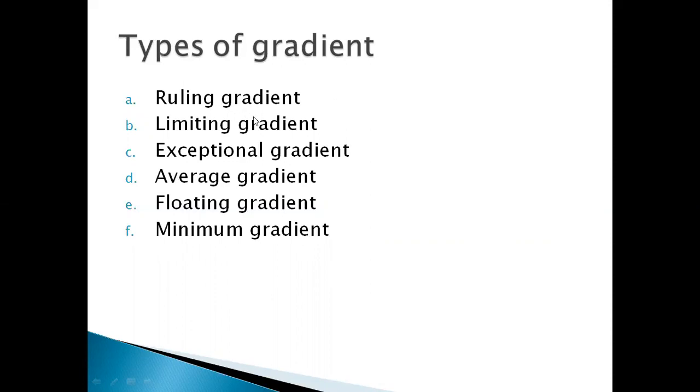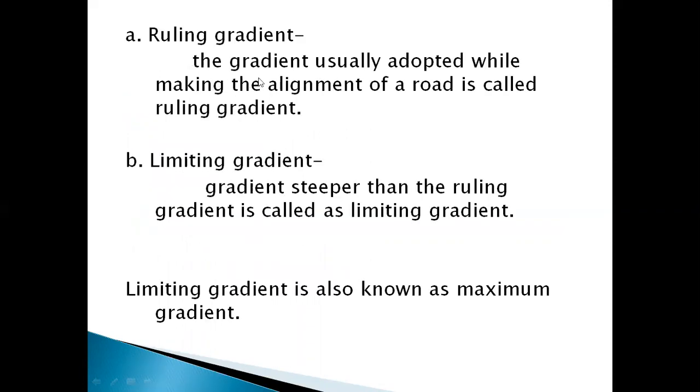First is the ruling gradient. The gradient usually adopted while making the alignment of the road is called a ruling gradient. Then limiting gradient. The gradient steeper than the ruling gradient is called a limiting gradient.